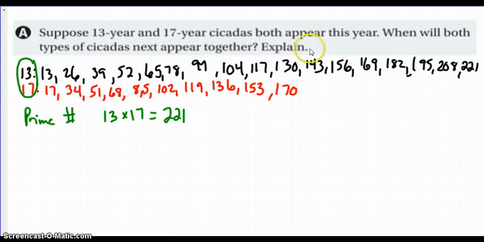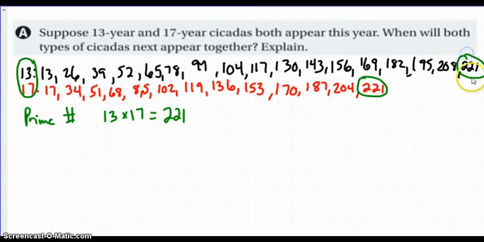So again, we're going to start over here with 17, and 17 times 11 would be 187. 17 times 12 is 204. And then 17 times 13 is going to be 221. So again, we get the same answer as listing out the multiples of each number, only because we noticed that both are prime, it saves us a little bit of time. Now we can go ahead and check our work using the tic-tac-toe method.